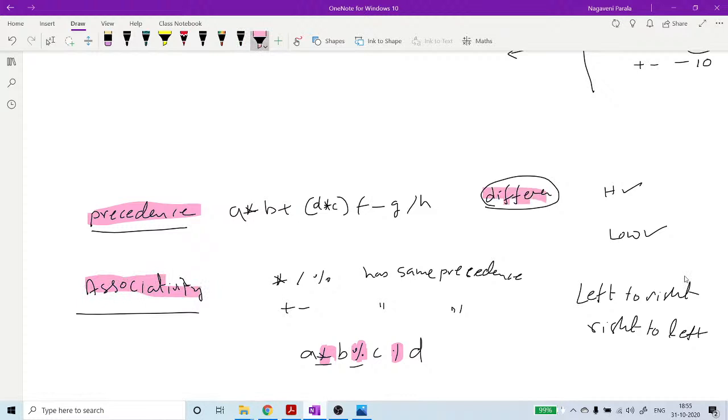If operators are of different types, in that case I need to go for high priority or low priority. Which operator should be executed will be decided by the precedence.